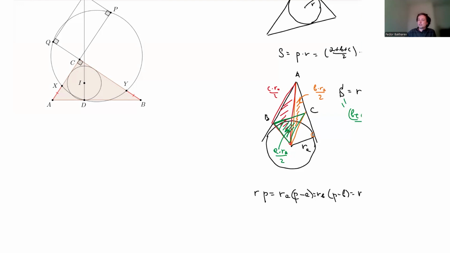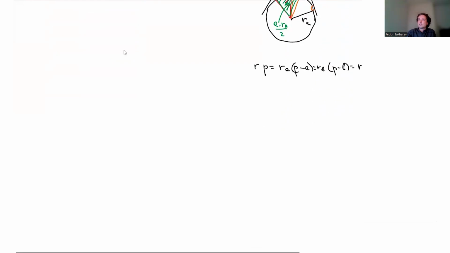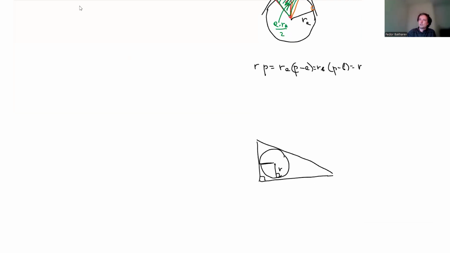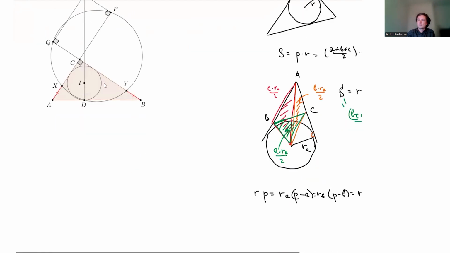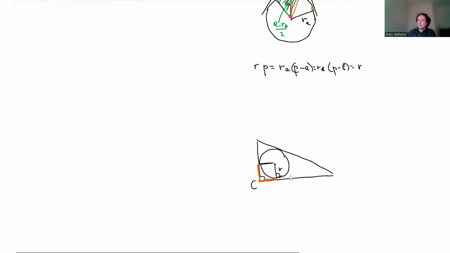But what is the relation to our case? The relation is the following: if you have a right triangle, then for example this inradius r is equal to the segment, to the tangent from the right angle. In our case, the right angle is C. So in this case, we see that r is equal to the semi-perimeter minus c.